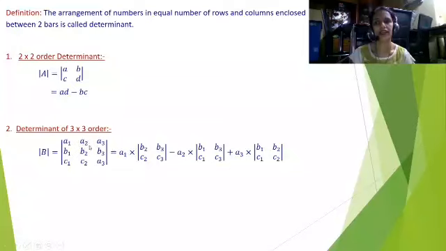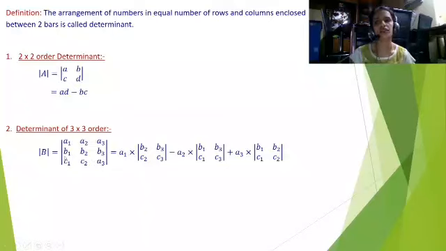Then for the second element we write a minus sign. It is minus A2 into what? Now you have to hide the first row and the second column. What you get is B1, B3, C1, C3. That is again a 2 by 2 determinant. Plus A3. Now A3 is in the third column, so you have to hide the first row and third column.